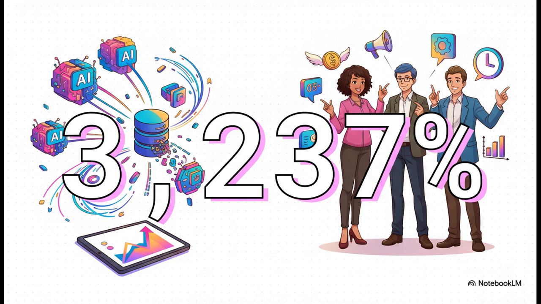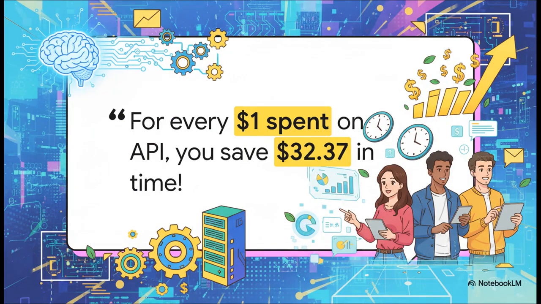And that just perfectly shows the power of using AI for these repetitive but really high-value tasks. Let's boil that huge ROI number down to something really simple. For every single dollar you spend on the API, you get back over $32 in saved productive time. It just doesn't get much more compelling than that for a business case.